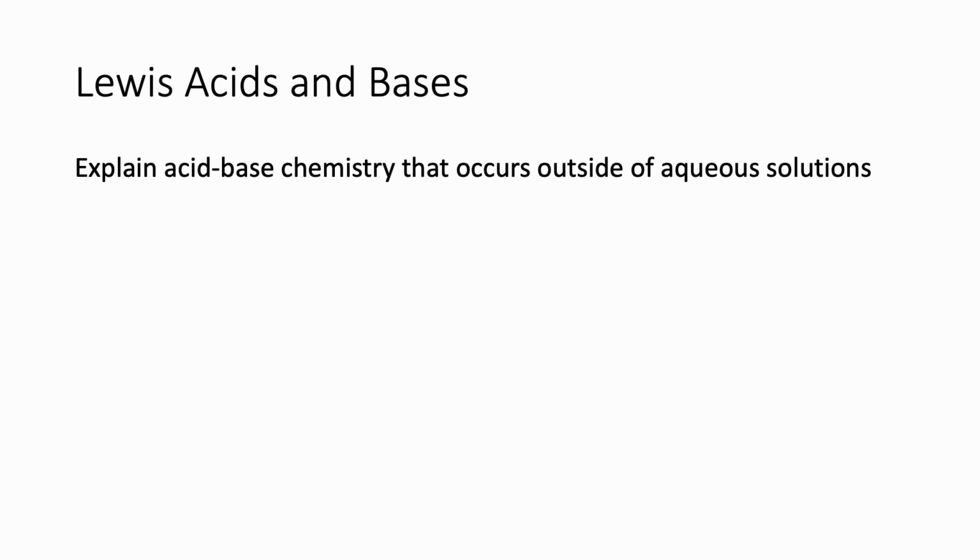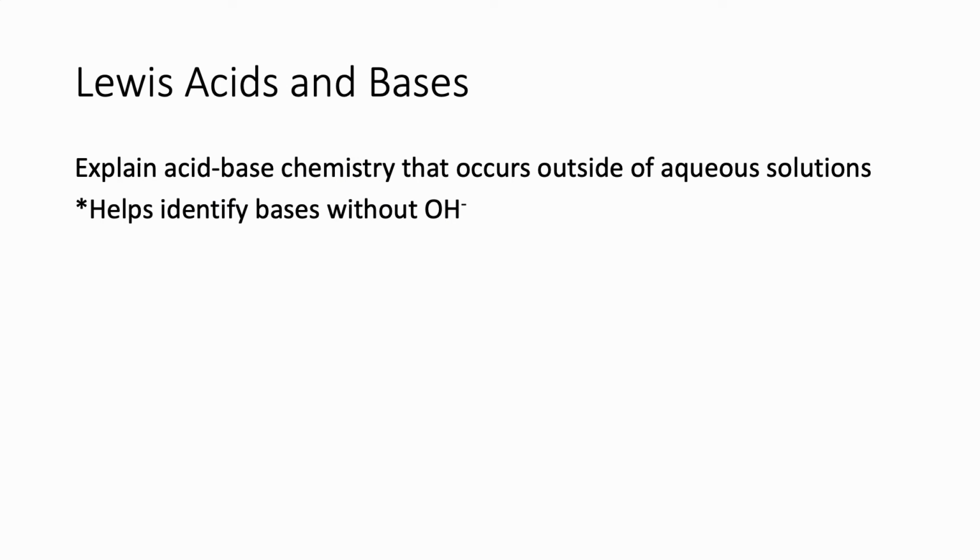So the Lewis definition of acids and bases was developed to explain acid-base chemistry that occurs outside of aqueous solutions. If you ever get into, for example, ligand chemistry, you'll talk a lot about Lewis acids and Lewis bases. But the Lewis acid-base definition is also useful to help us identify bases without hydroxide.